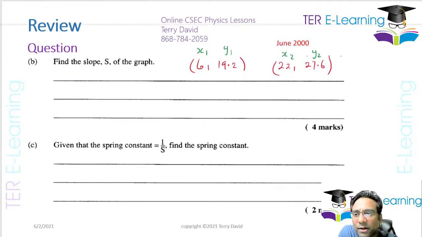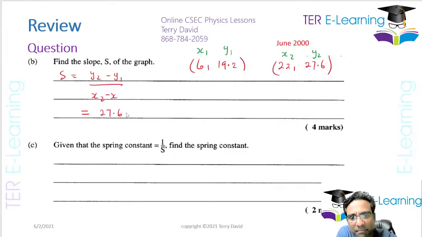And now we're going to find our slope. So slope is given by the formula y2 minus y1 over x2 minus x1. That's our formula we're going to use. So we're going to plug in values. It's going to be 27.6 minus 19.2 all over 22 minus 6, right?